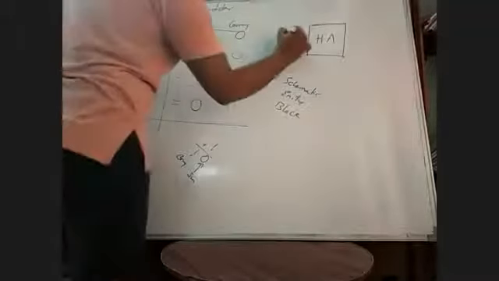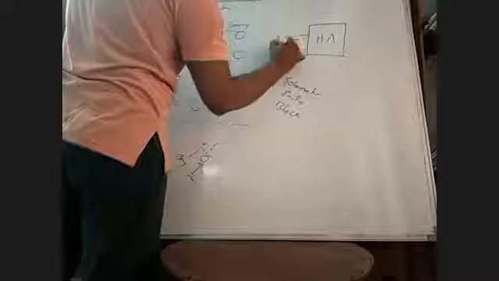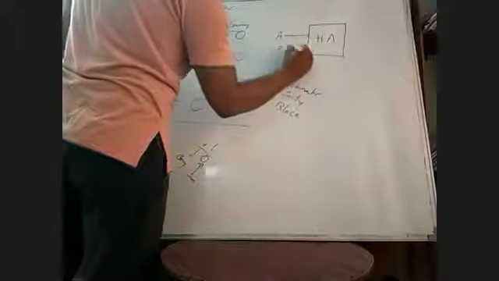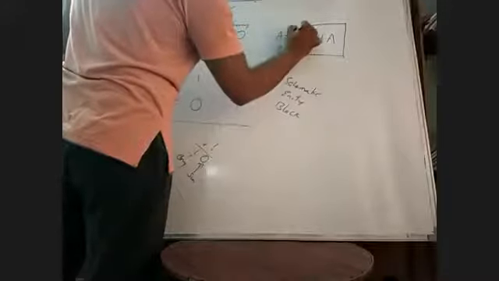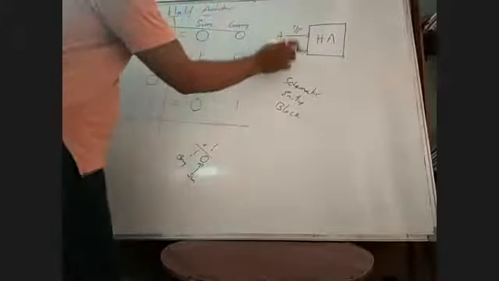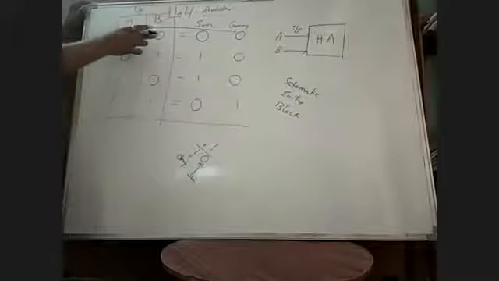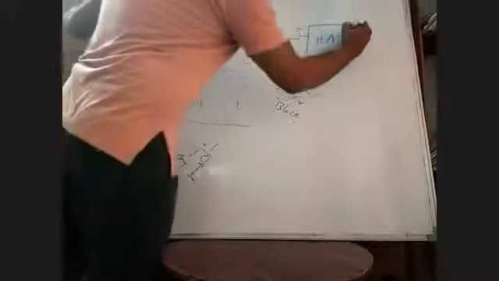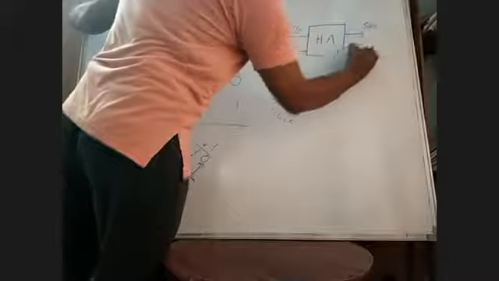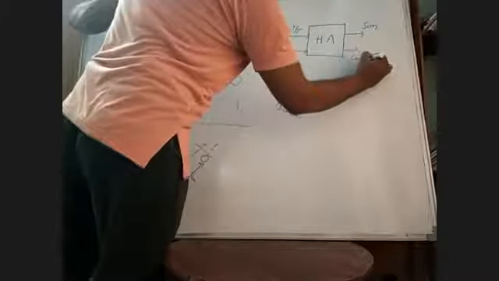My inputs are A and B, each of size 1 bit. For the outputs, this is my sum output and this is my carry output.